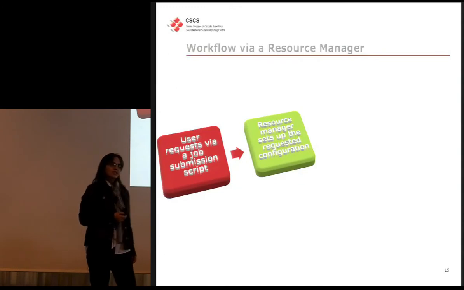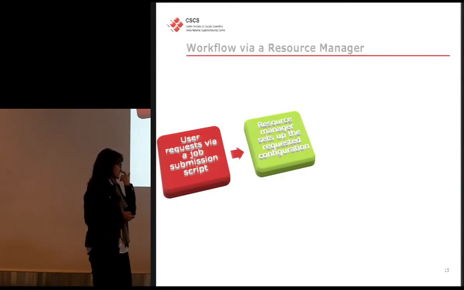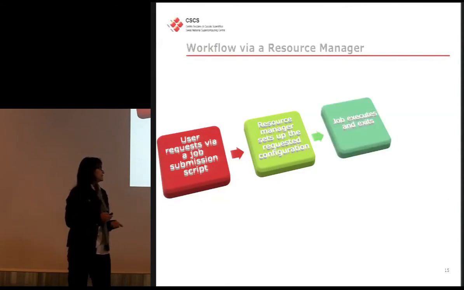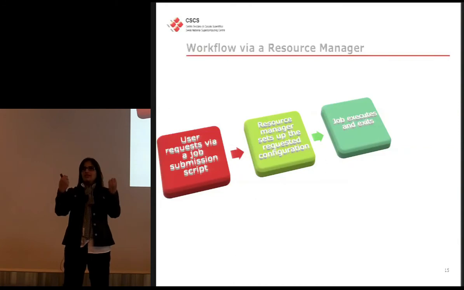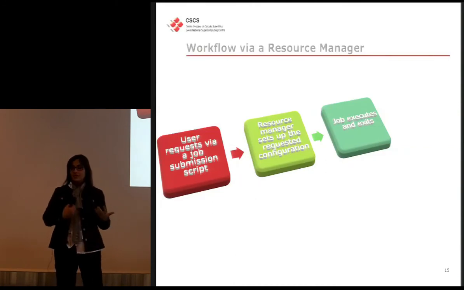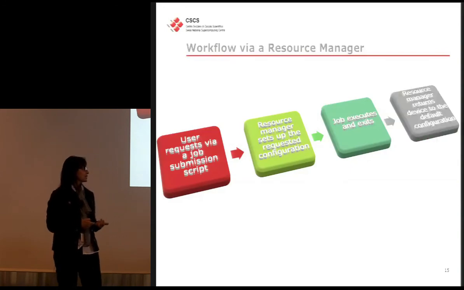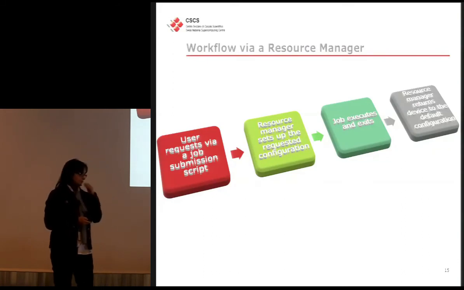Then we set up our resource manager so that the request string can be parsed, and it returns GPU to the user in the requested configuration, and then the job executes on those resources. And the resource manager returns the node or set of nodes in the available pool in default state.